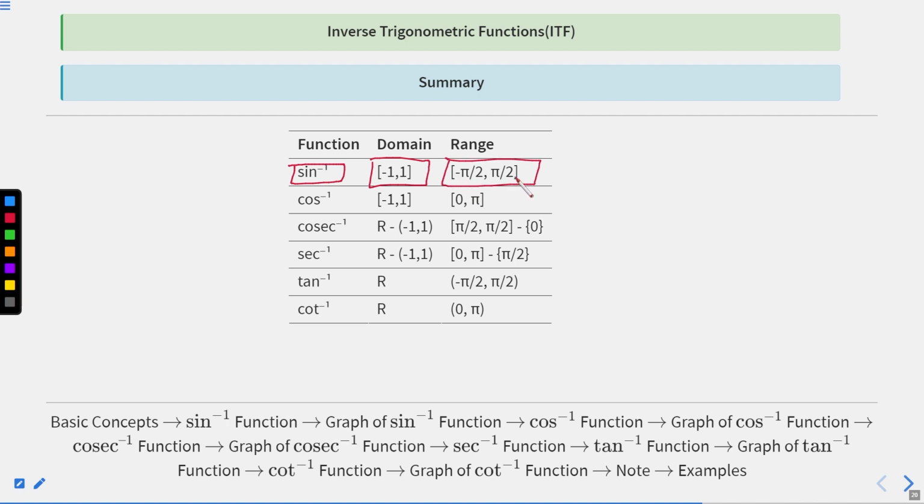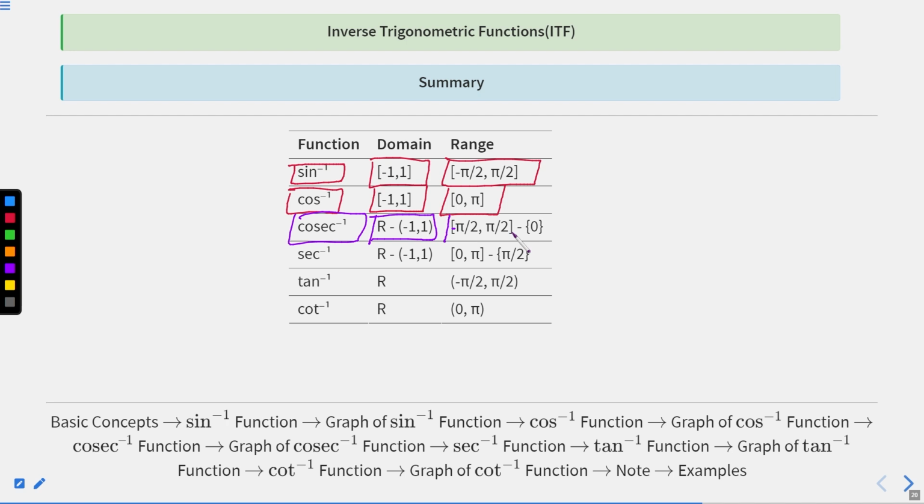For cos inverse, the domain is the closed interval -1 to 1 and the closed interval 0 to pi is the range. Now, for cosec inverse, the domain is all real numbers except the open interval -1 to 1 and the range will be the closed interval minus pi by 2 to pi by 2 except 0.